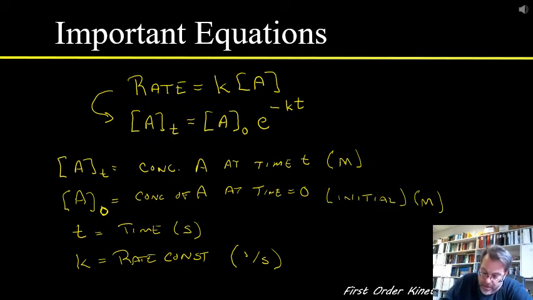And part of the key here is that since the rate constant is just reciprocal seconds, there's no concentration in k. So the concentration can actually be in molarity or parts per million or percent composition. It can be in a bunch of different kinds of units, and it still works out because the rate constant doesn't have units of concentration in it.